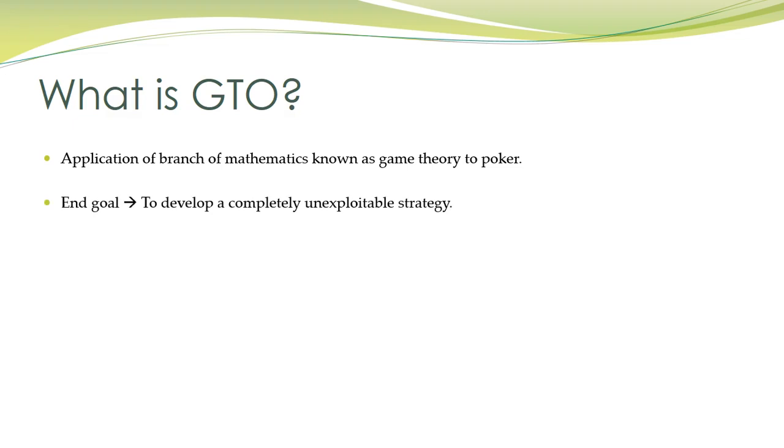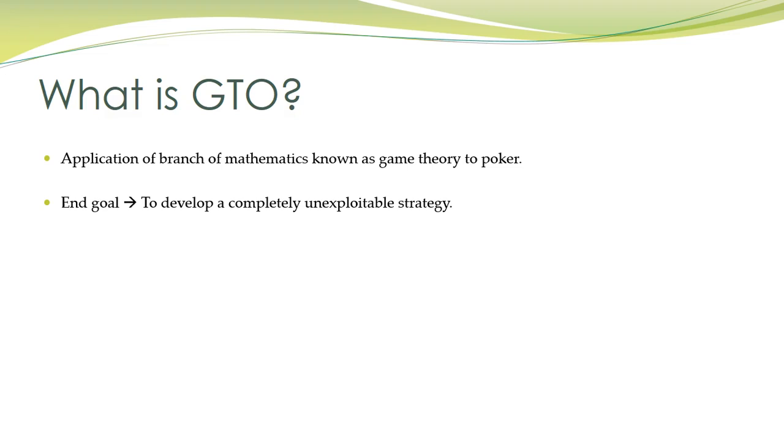So the end goal of applying game theory to poker is that it's possible to develop a solution to the game of poker. And that solution involves having a completely unexploitable strategy once it's discovered. In other words, there's nothing that our opponents will be able to do against an optimal strategy to damage our win rate.